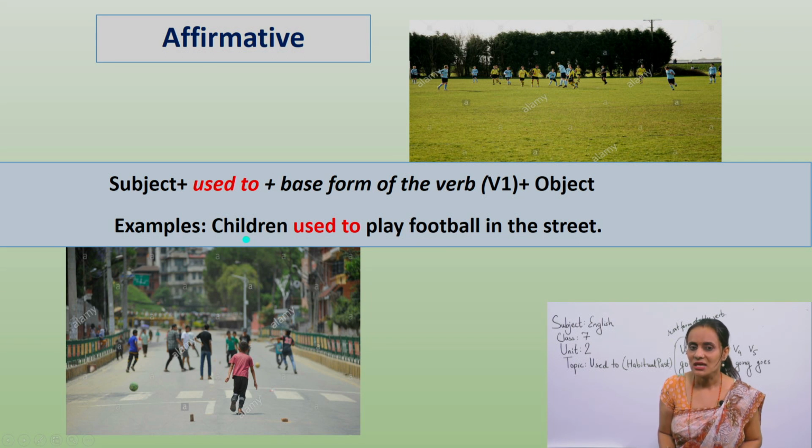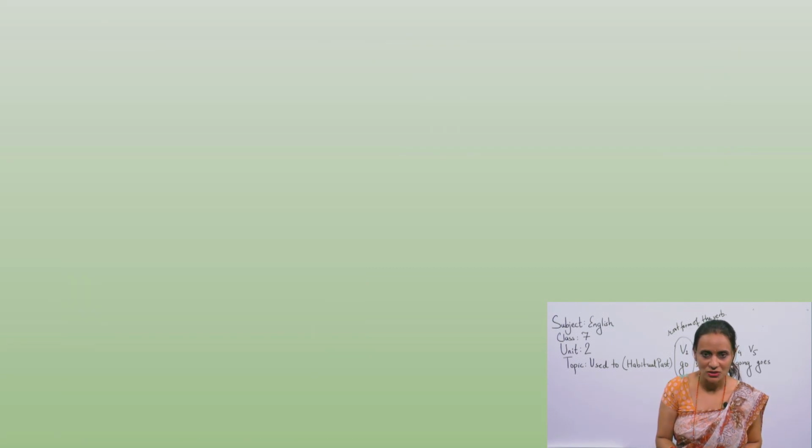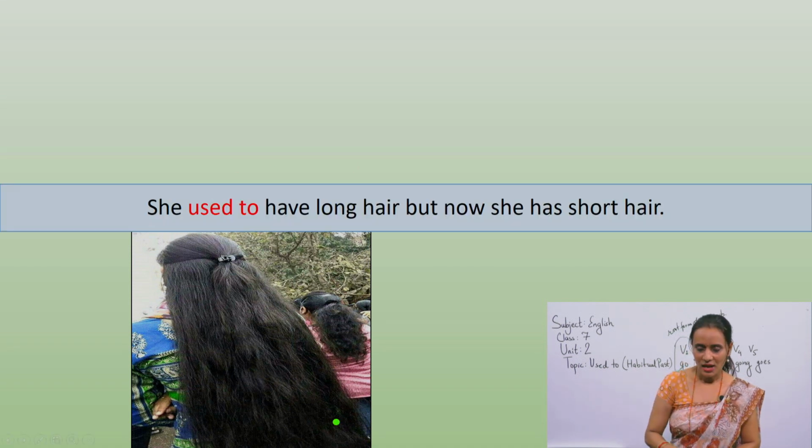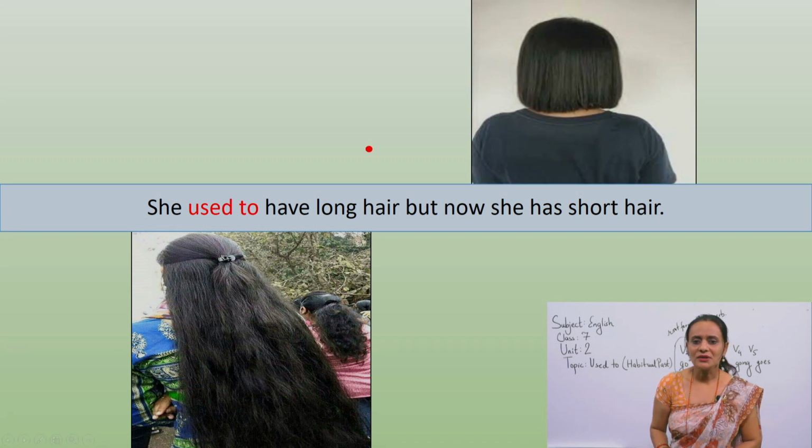And the sentence is children used to play football in the street, and this picture was the past habit, and this is the present habit. Now, after this, we have one more picture. What can you see here? A woman having long hair. And here, the same woman having short hair. And how will you tell it here?